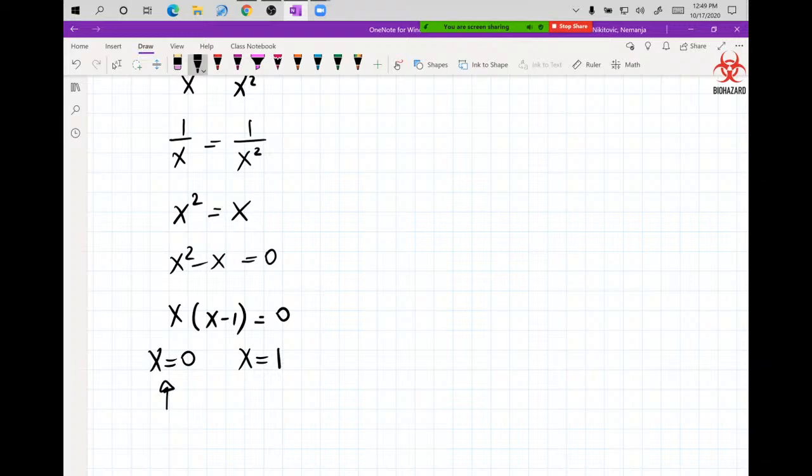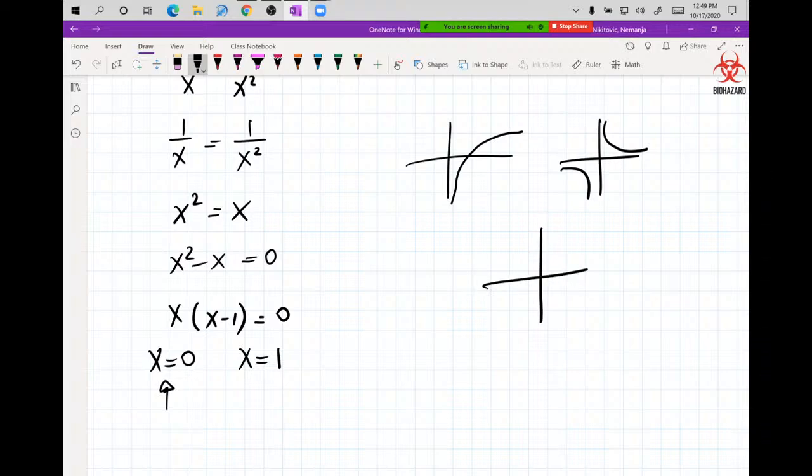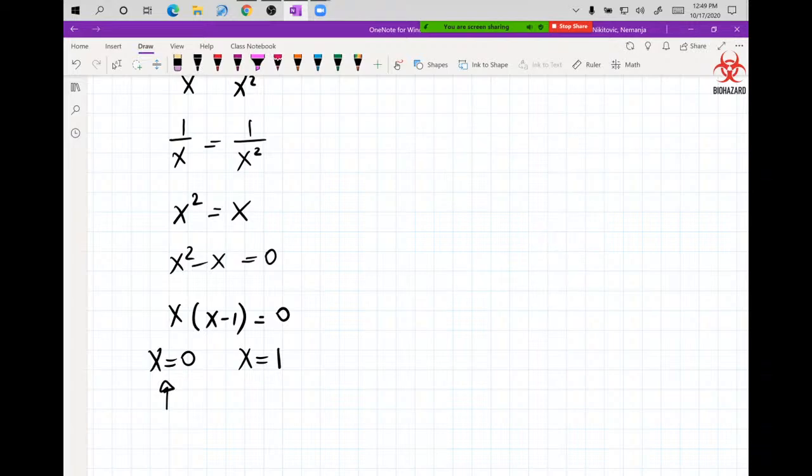Okay. Yeah, it's not a part of the function, but it is something very important there at x equals 0. If I draw ln graph, if I draw 1 over x, if I draw 1 over x squared. Vertical asymptote. Yes! Nice.